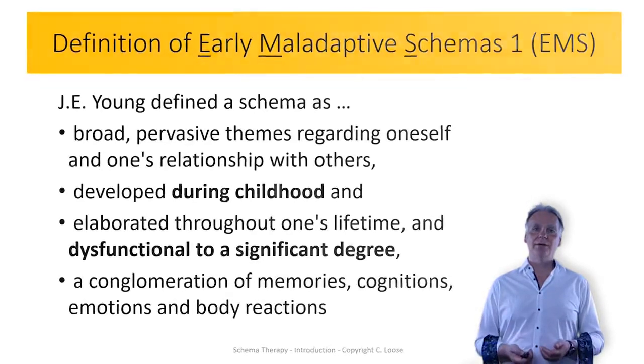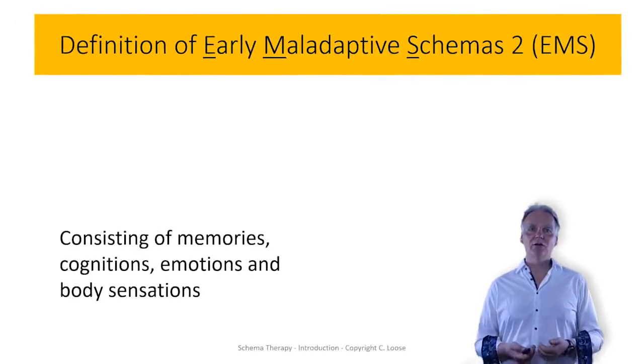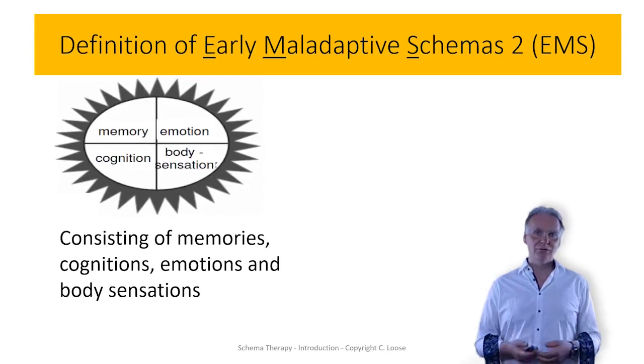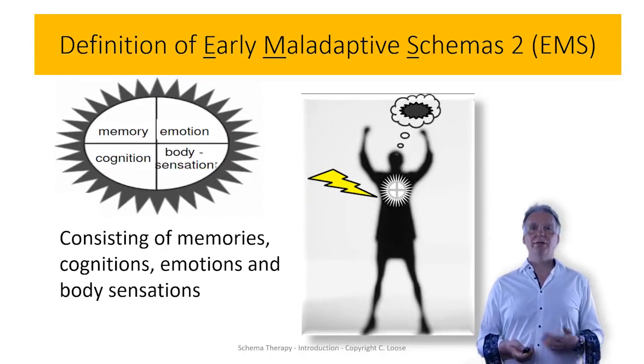And we conceptualize that as a conglomeration of memories, of cognitions, emotions, and body sensations. So it's a package which belongs together and pops up here and there. And when we come in a certain situation that is difficult for us, then the schema might be activated.